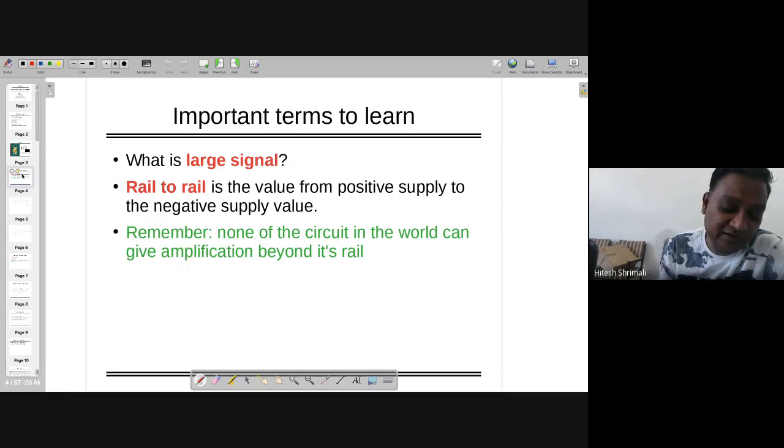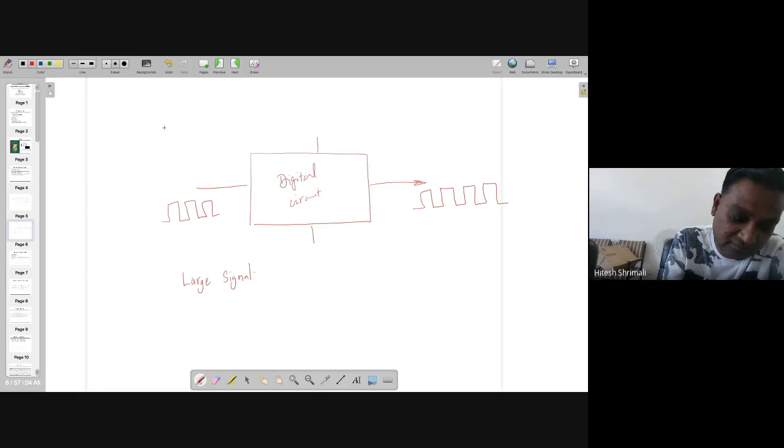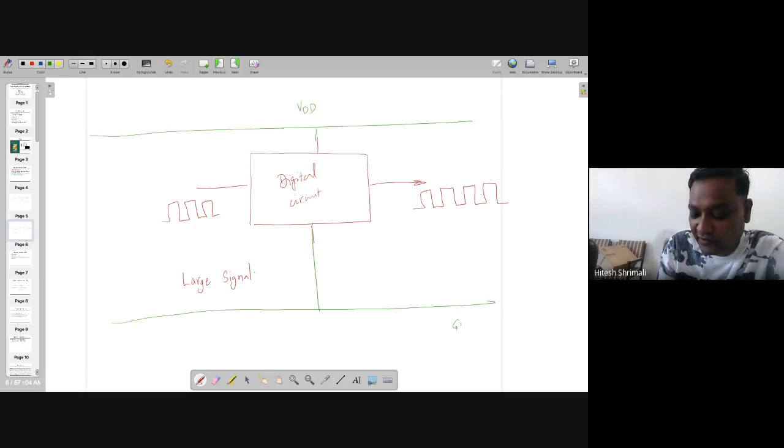Moreover, we also need rail-to-rail output. Rail-to-rail means the positive side is VDD and the negative side is ground. So I want the output to go from ground to VDD fully.